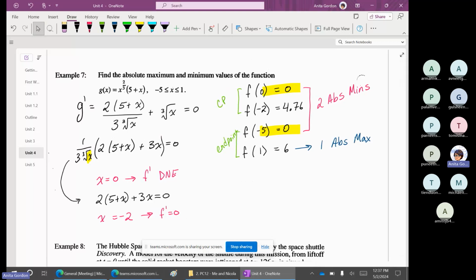Looking at the question, the first time around when you do this question, as you're looking for the derivative to be 0, this is very easy to miss. When looking at the derivative, if you have an x in the denominator, you have an opportunity for the derivative to be undefined where x is 0, or wherever the denominator is 0.